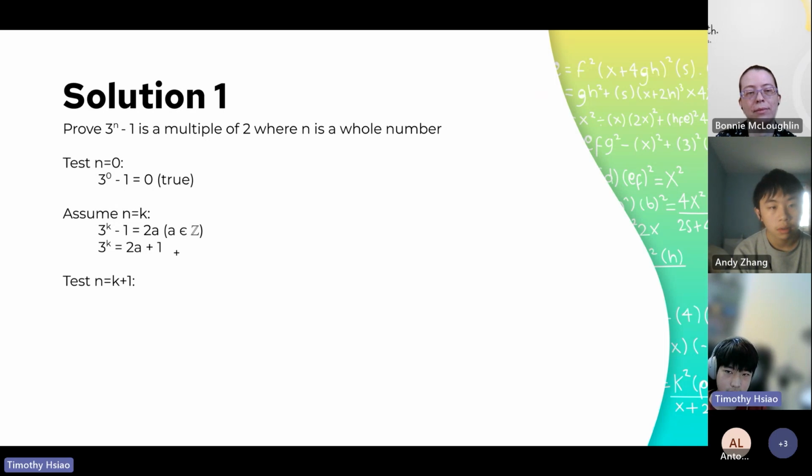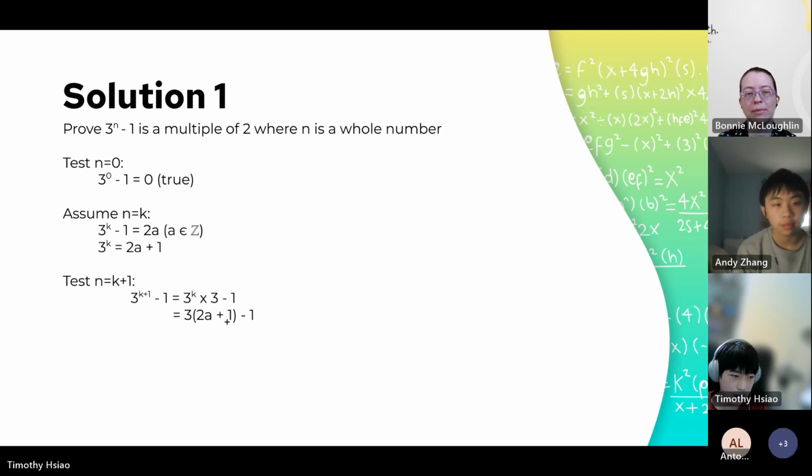And now our next case is going to be n equals k plus 1, and we just do the same thing. So we substitute n for k plus 1. We can use the exponent rule to bring this plus 1 out, so it'll be 3 to the exponent k times 3 minus 1. There's this 3 to the exponent k over here, and we can just bring this over.